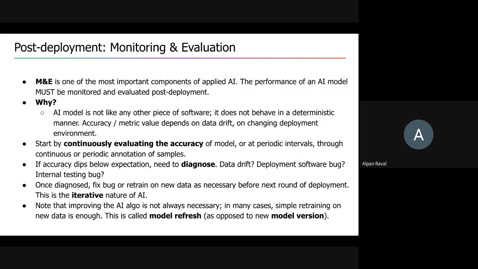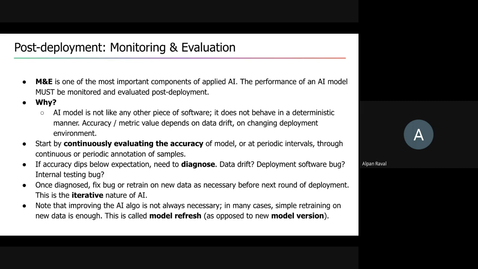And then once you've diagnosed it, let's say you don't have any other bugs, and it's really a consequence of data drift. You have to retrain on new data as necessary, and you can only get new data if you've been evaluating, right? If you've been evaluating, then you have labels for the new data, and you can integrate that into the model and improve it.